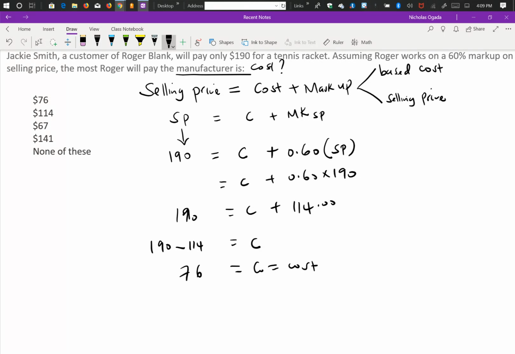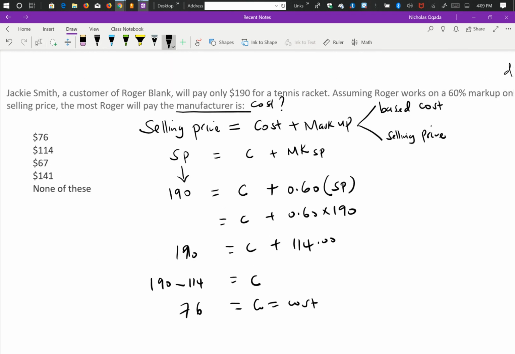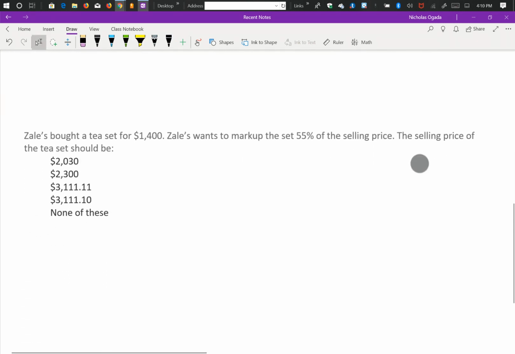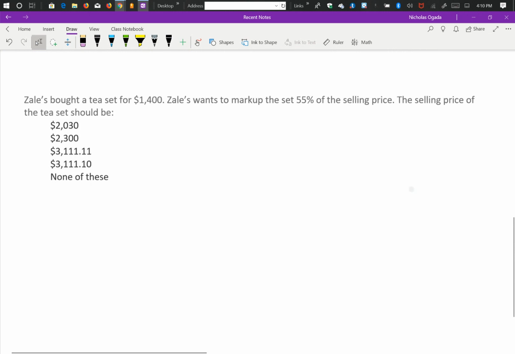So again, this just shows you how this formula or this equation is very important to us in trying to answer some of the questions in the chapter. And I want to show you a second example, but this example will be different in one respect.